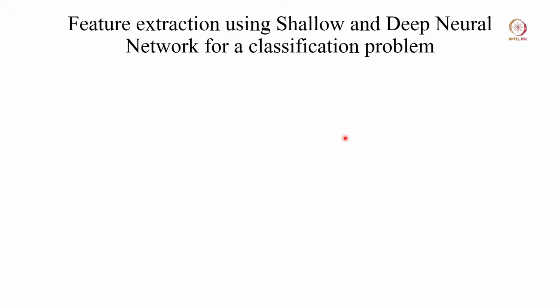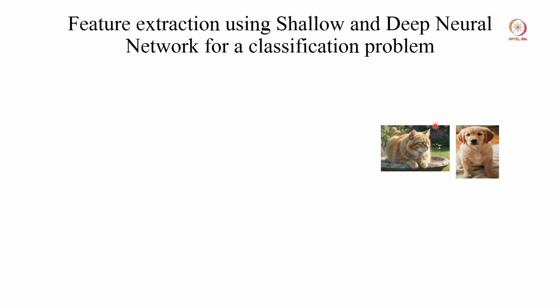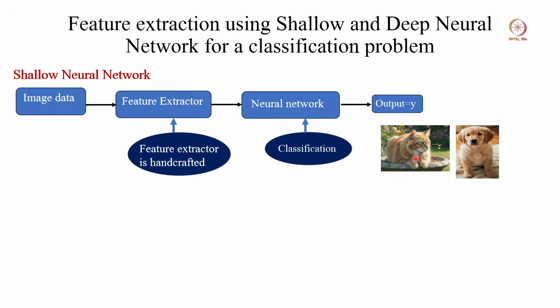Now, we'll have a quick look at feature extraction using shallow and deep neural networks for a classification problem. Suppose we have a dog's image or a puppy's image and a cat's image, and I want to do a classification, that means telling a dog as a dog and a cat as not a dog. In a shallow neural network, the image data is fed to a separate feature extractor which extracts handcrafted features from the dog's image.